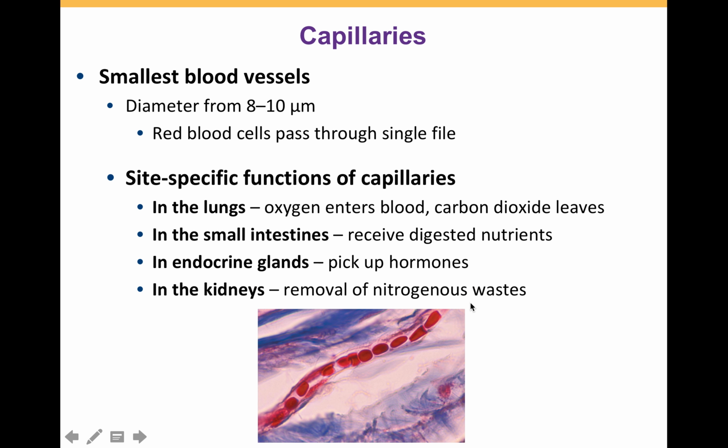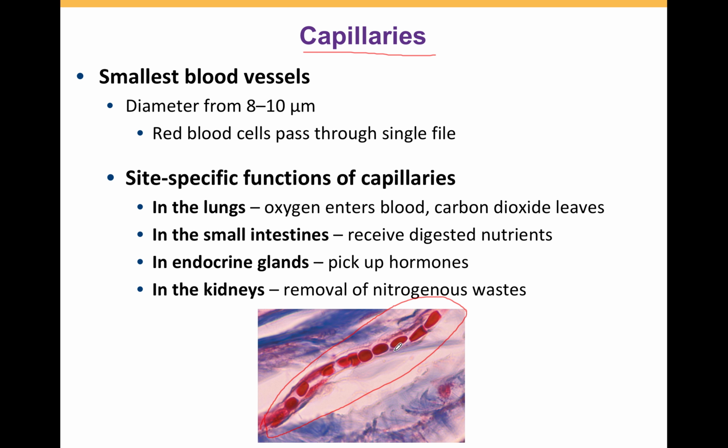So we went through elastic arteries, distributing or muscular arteries, and then arterioles. Now, arterioles eventually work their way to the last category, or not the last category, they work their way to really, really small blood vessels called capillaries. There's a picture of capillaries right here. You can see these tiny red circles as your red blood cells.